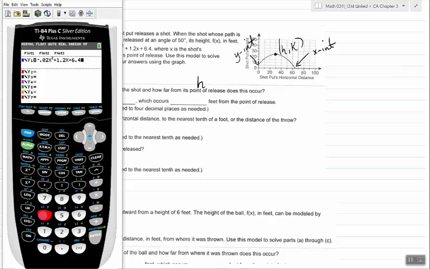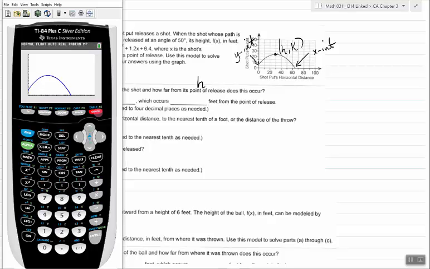I can use the x's and y's here to mimic this window. It is going from 0 to 100 and from 0 to 50. Okay, so graph. All right, I have a simulation of what this is.